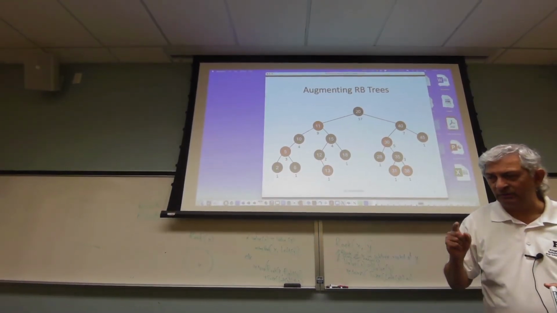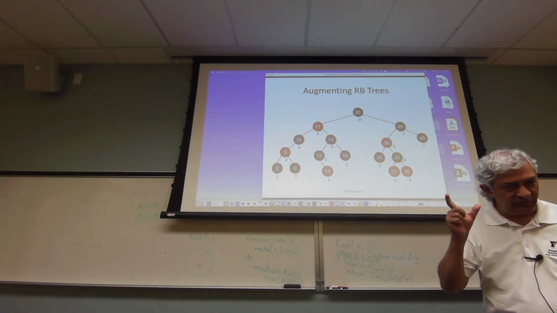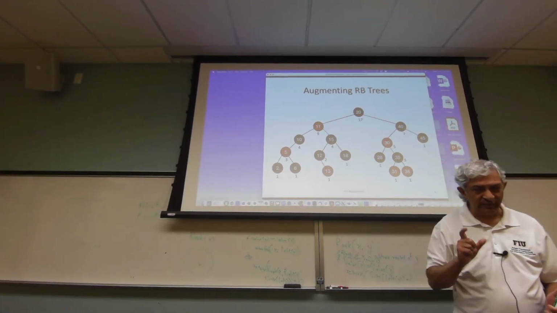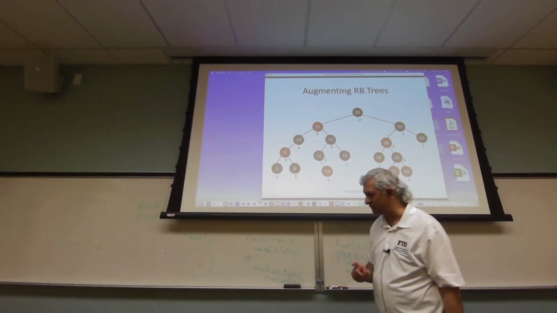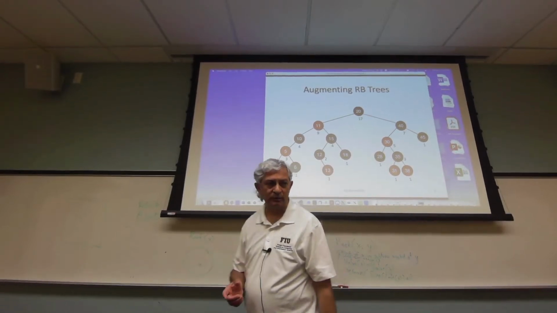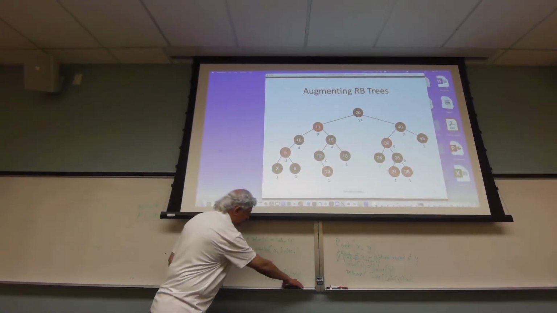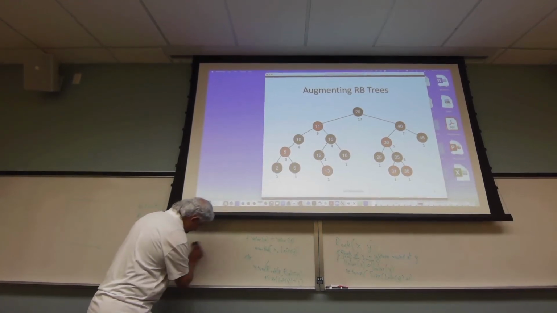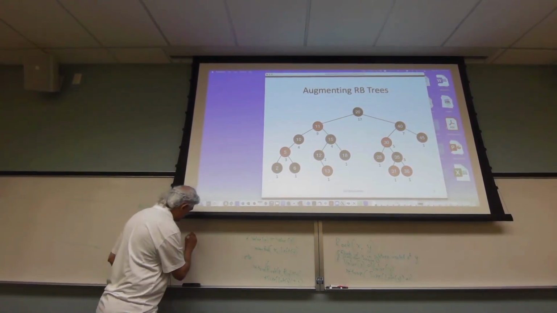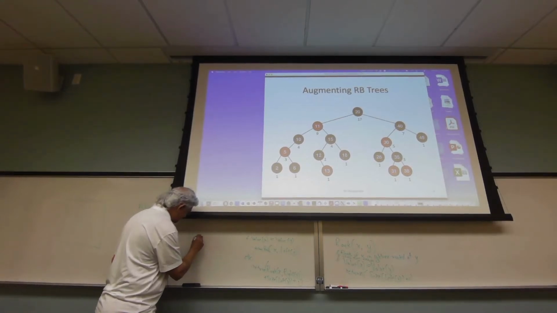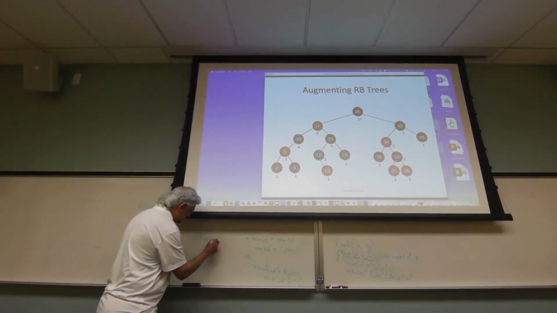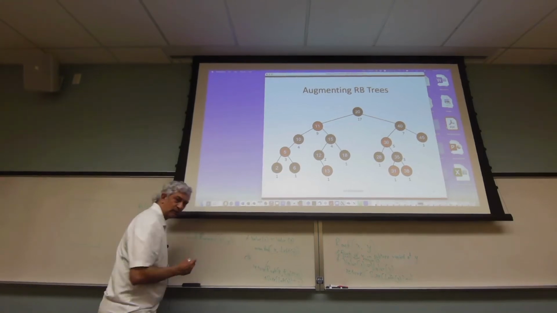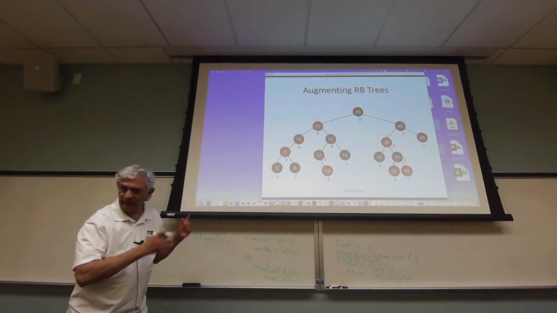So to actually list out the set of items within that range can take you a long time. However, if you do the analysis carefully, we're going to call this the list range operation, which is to list out all the items between x and y that are in the set.